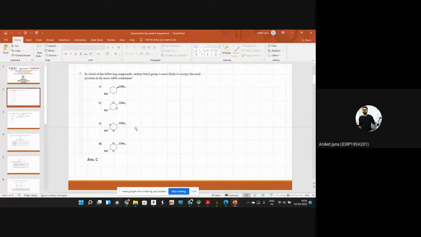So here we can see that in place of carbon we have two oxygen atoms in the 1,3 position. So let's draw the structure of the chair.